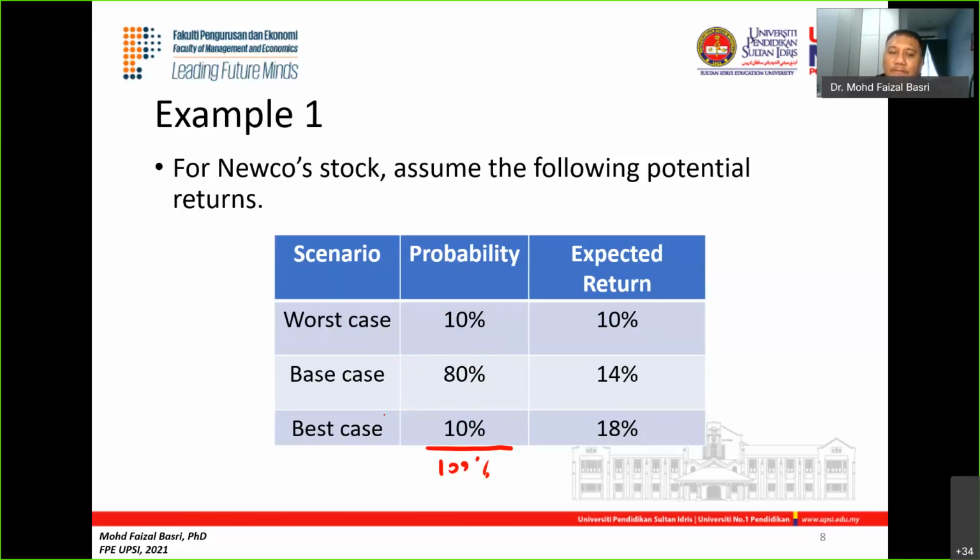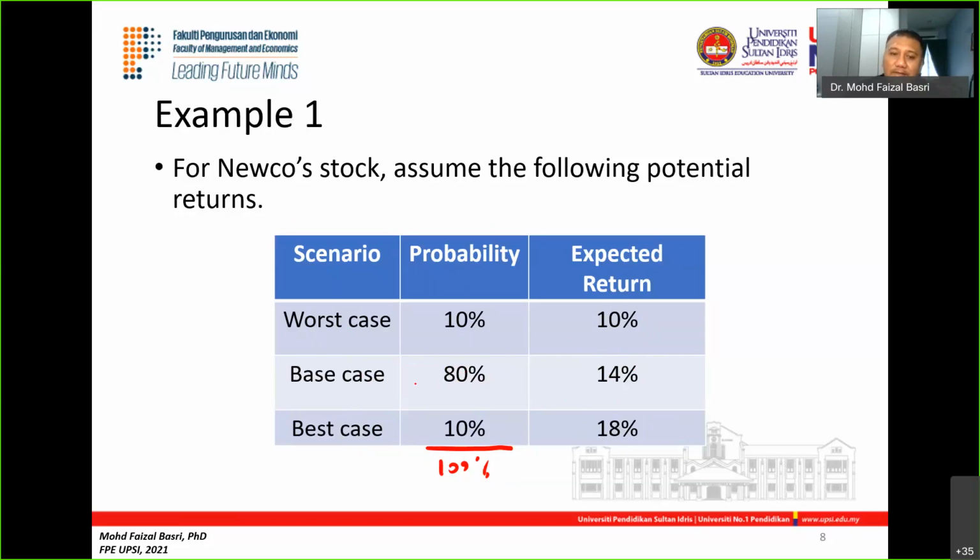So what does it mean here? For this investment, for Nuco stock, during the best time, during the best economy, you can get up to 18% returns. In normal times, you're going to get 14%. And during bad times, during the worst case scenario, you're going to get 10%. Obviously, the highest chance is the base case scenario.